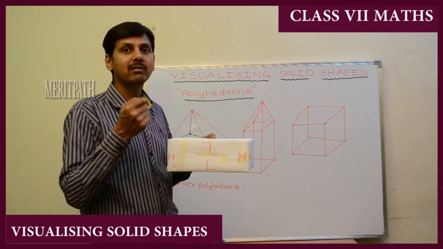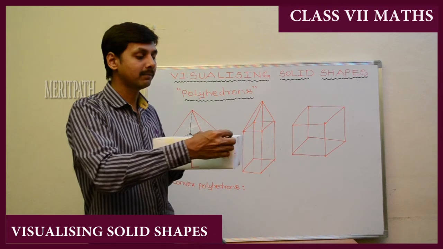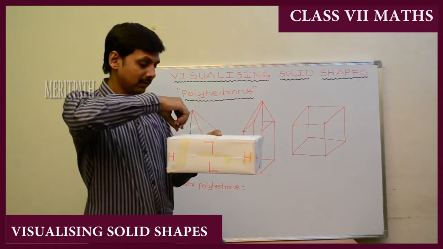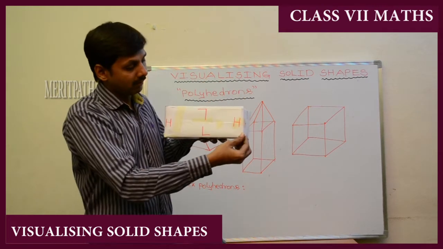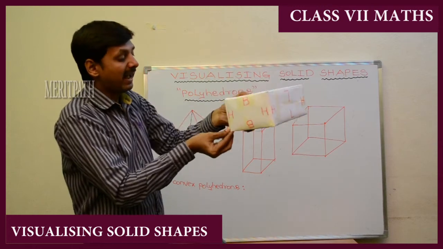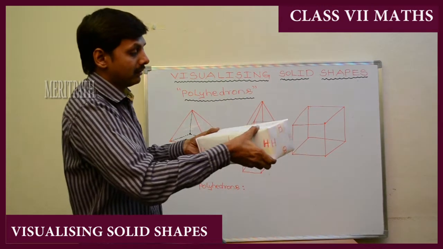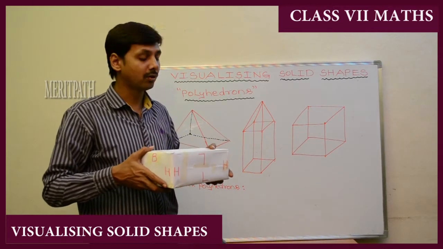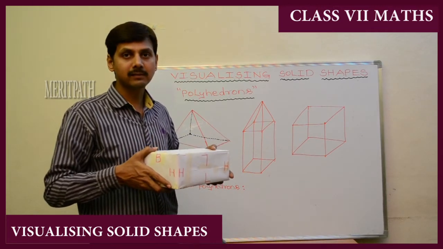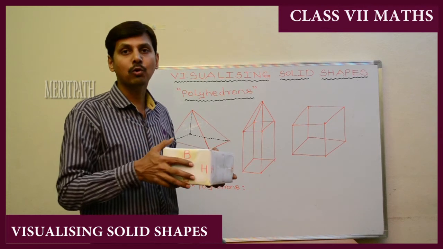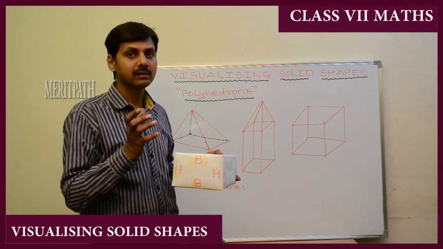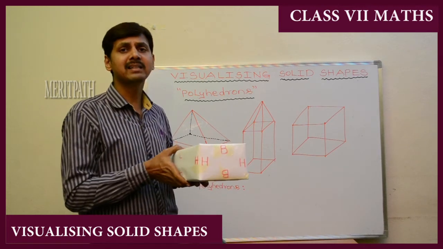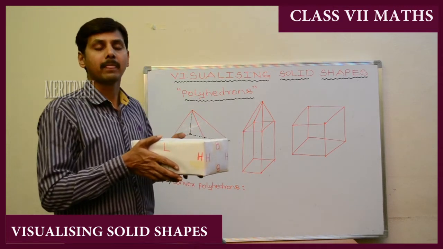Let's count again: 1, 2, 3, 4, 5, 6 and back side 7, 8. So we have 8 vertices, and 6 faces.